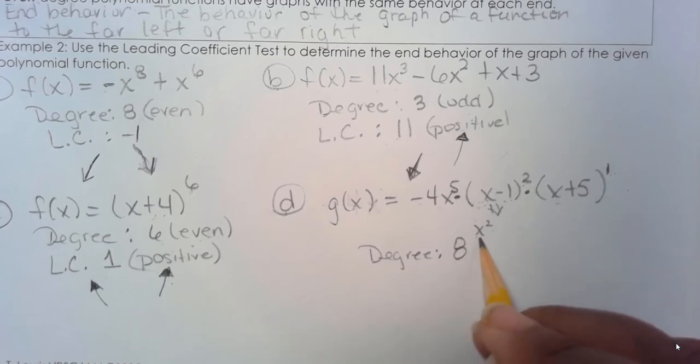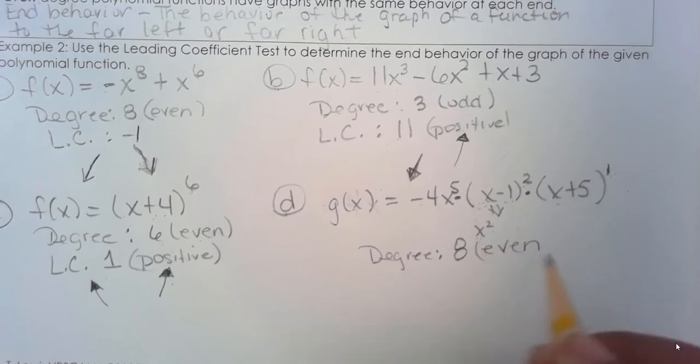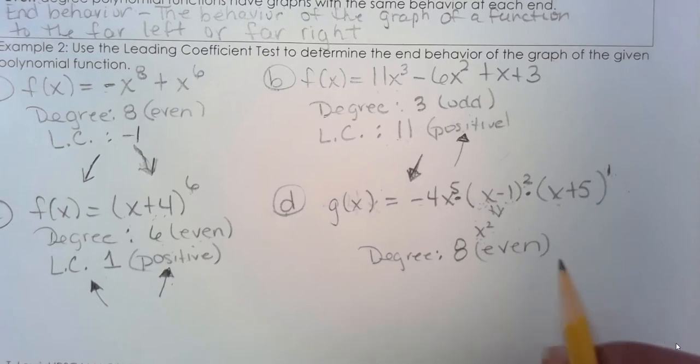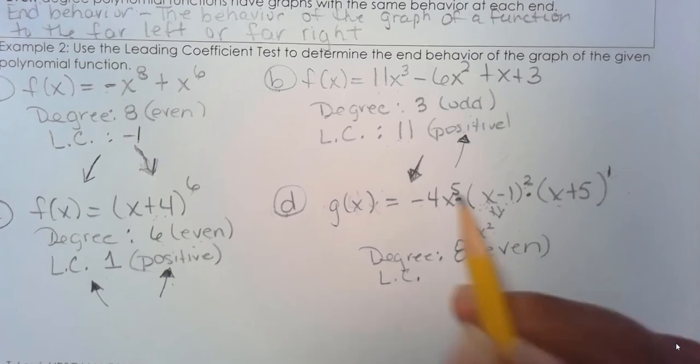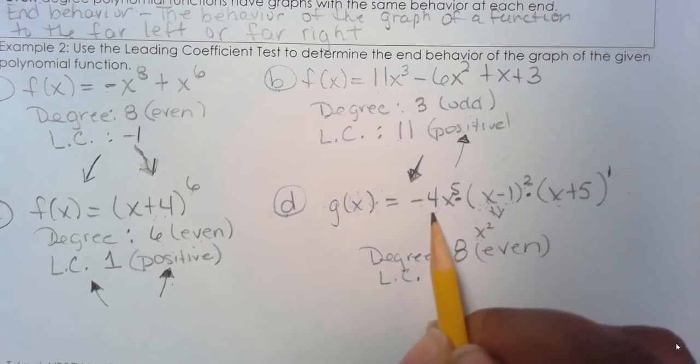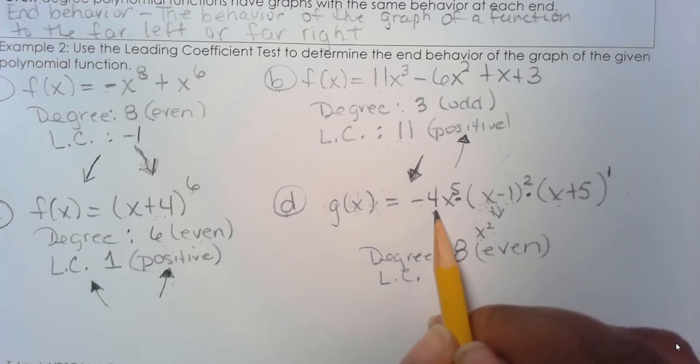And then since our degree 8 is an even number, we know that the end behaviors will be in the same direction. Therefore, our leading coefficient, if we were to multiply all of this out, is going to be -4.